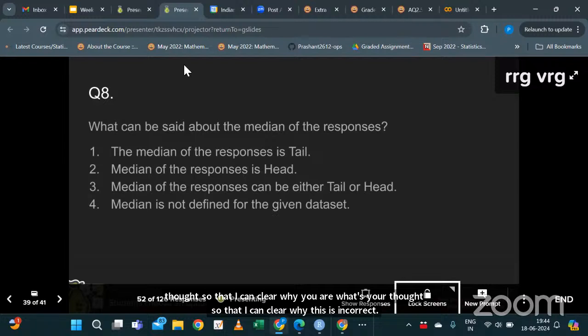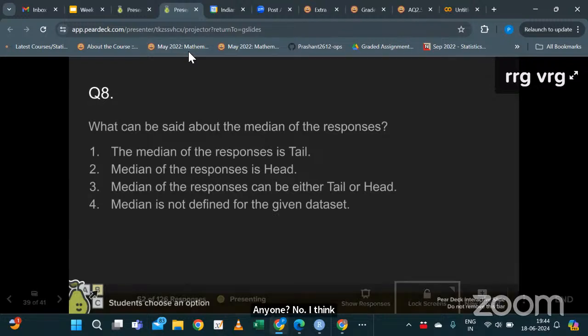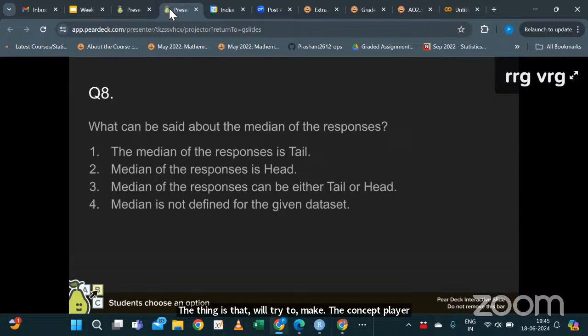Whatever your thought, you can simply say it. There will be no punishment or anything. The thing is that we'll try to make the concept clear about why that option is not correct.